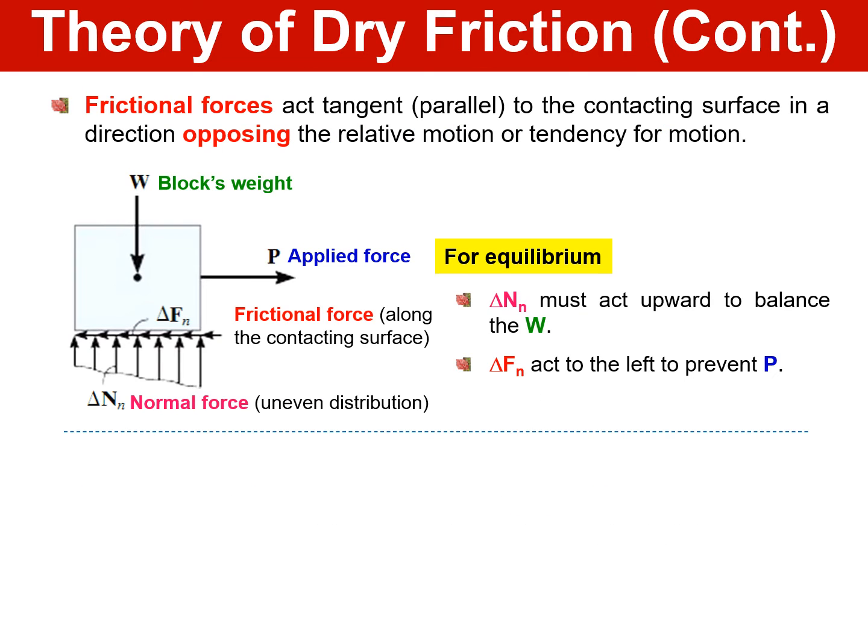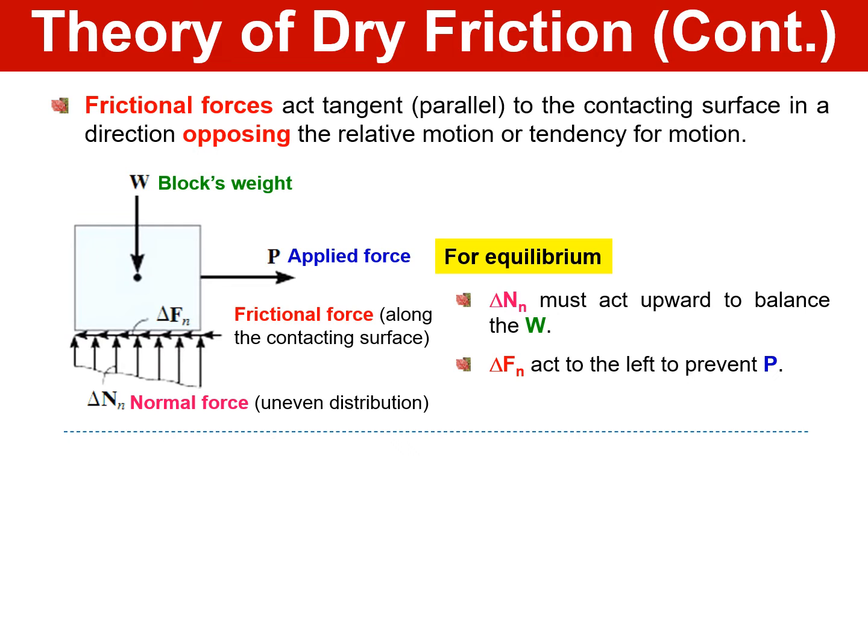Okay, what is frictional force? Frictional force acts tangent or parallel to the contacting surface in a direction opposing the relative motion or tendency for motion. You can see that the applied force P is horizontally to the right, then the block's weight W is downwards. Then the friction force is acting along the contacting surface, parallel to the surface. And there's one more force, which is the normal force, acting upwards, perpendicular to the surface.